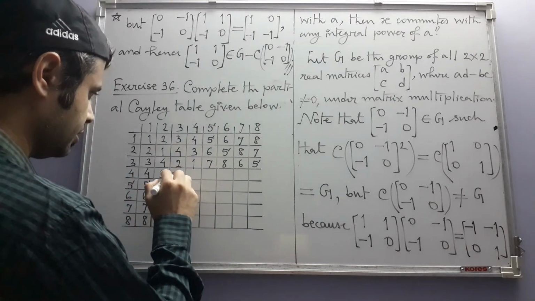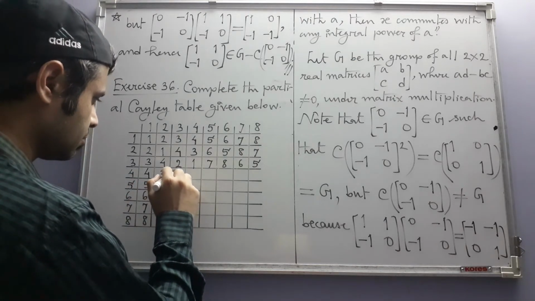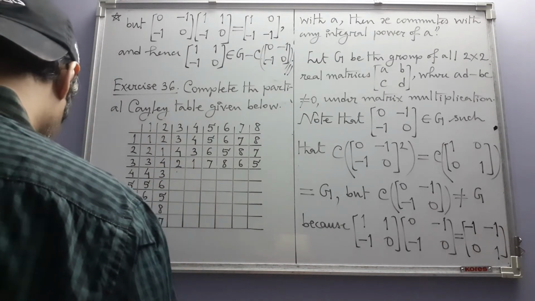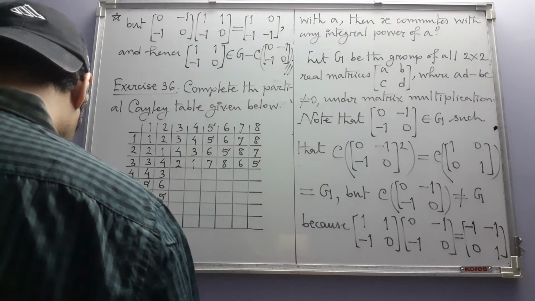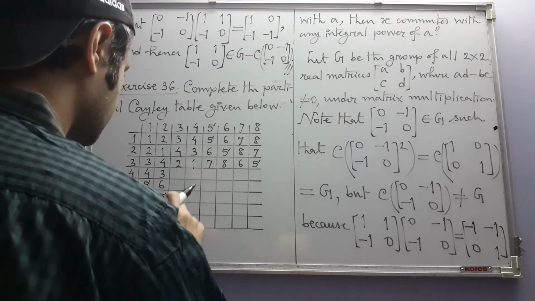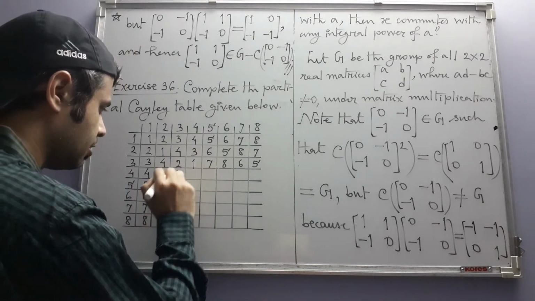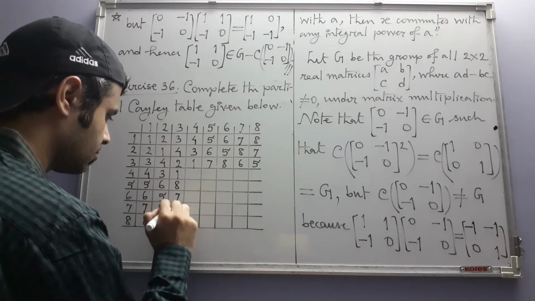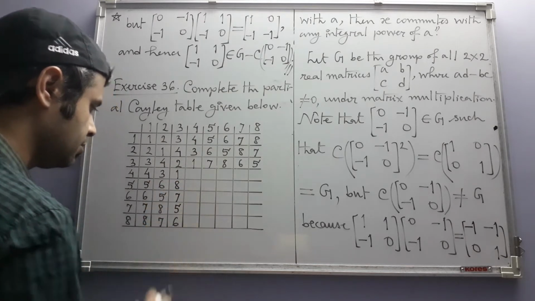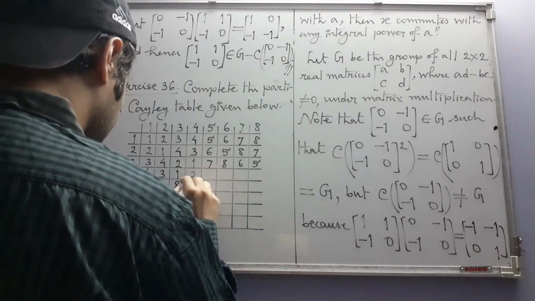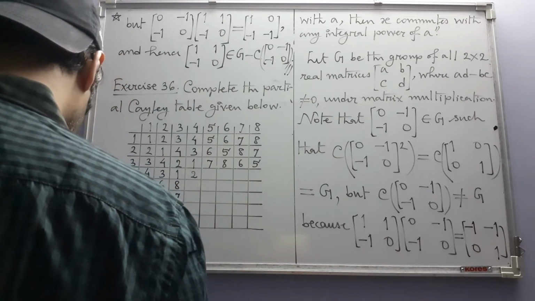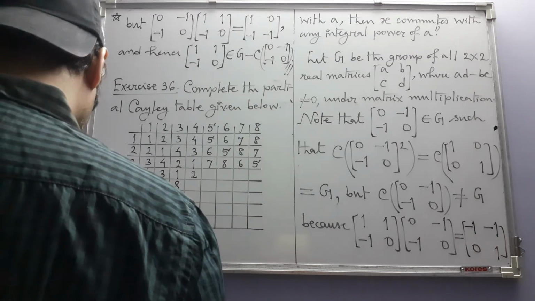Okay, so here it differs. 1, 8 7 5 6. 1 8 7 5 6. Then after this, here also we have 2 8 7 5 6.